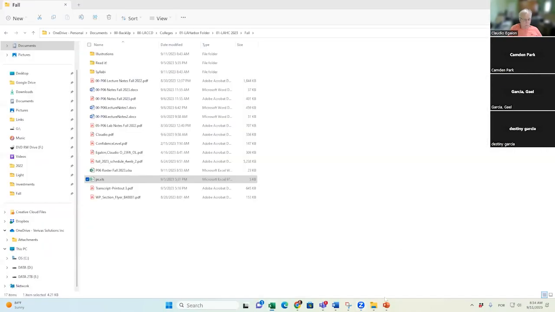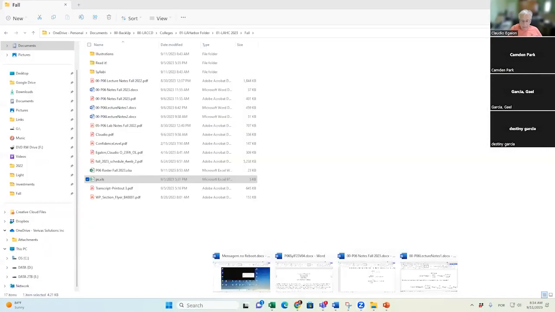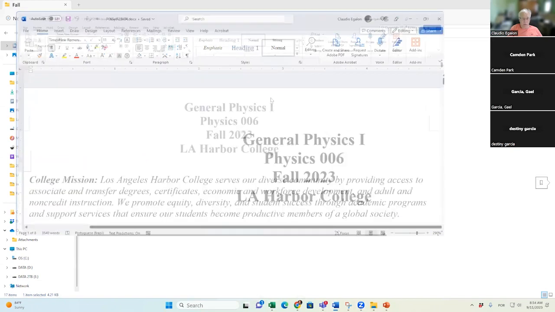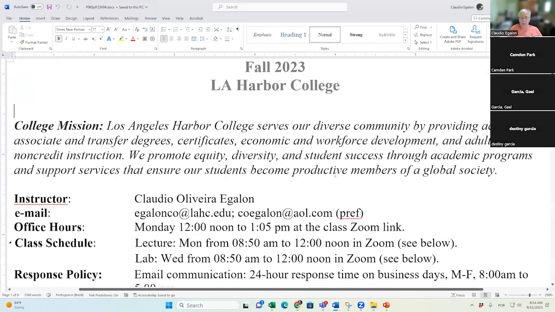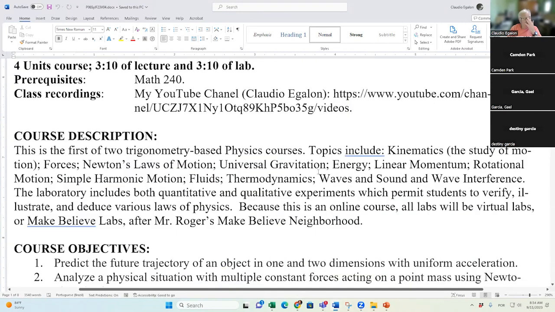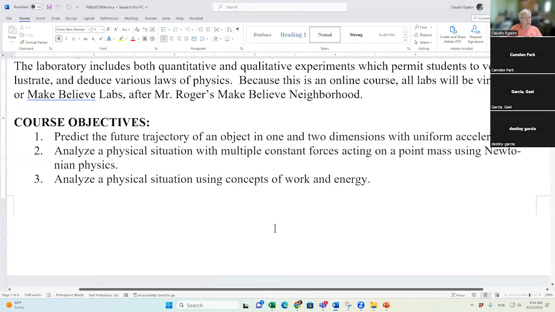Good, that's screen number 3. Let's go take a look at the syllabus. I posted a new version of the syllabus. That's going to be version number 4. The only thing that was missing in the previous version was the course objectives.